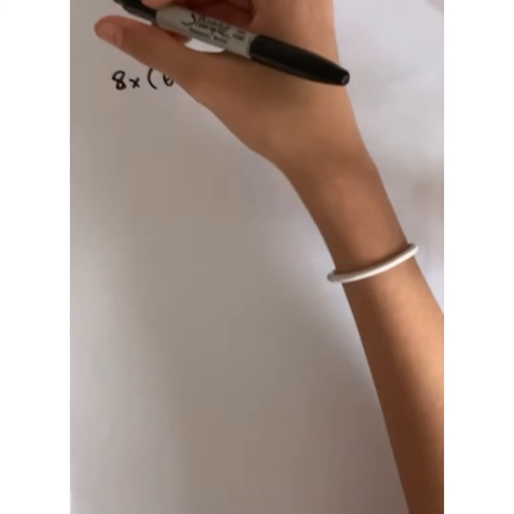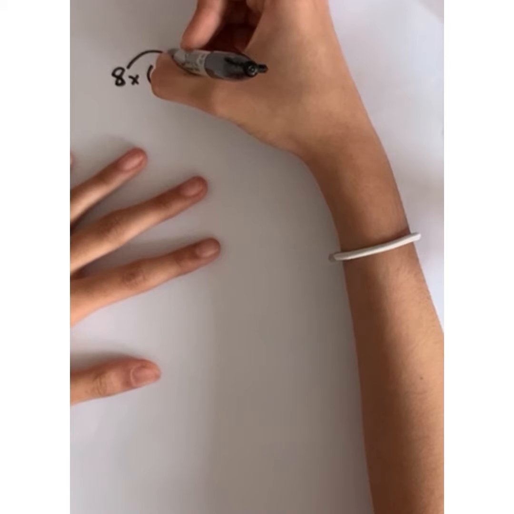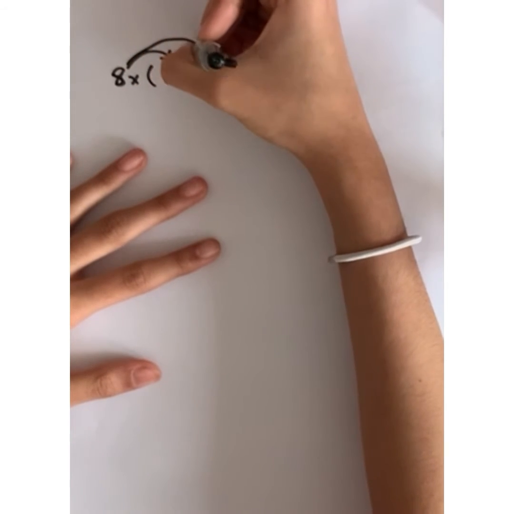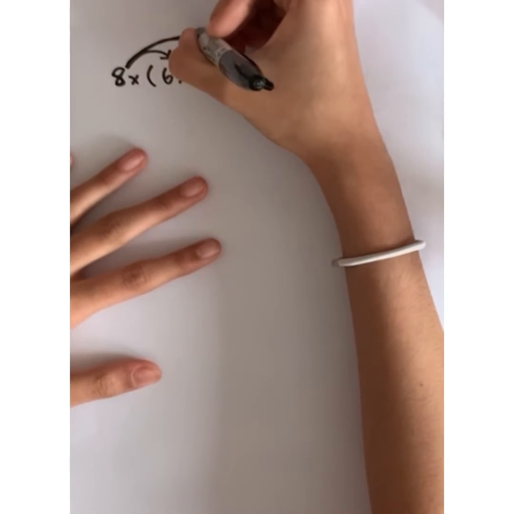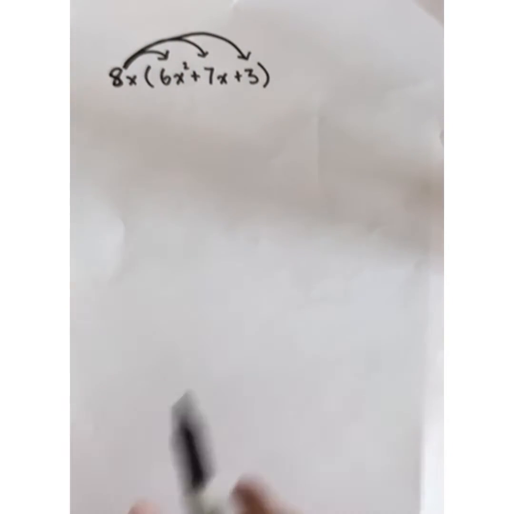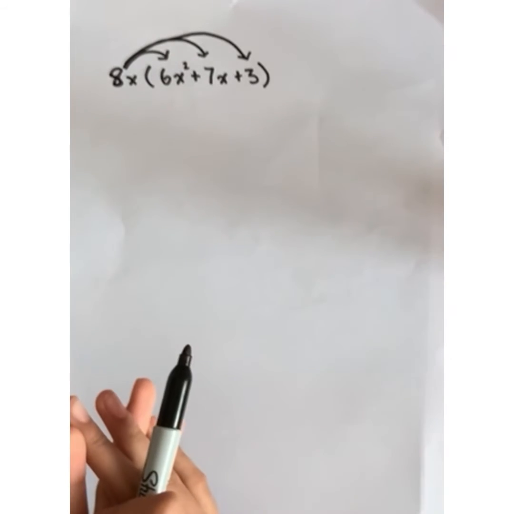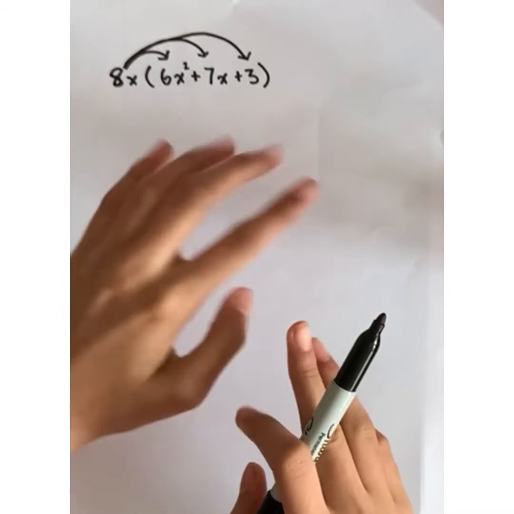It's literally the same concept if you use distributive property. Whenever you're using distributive property, you're multiplying something by parentheses. The main thing you need to be worried about is that you're multiplying everything by everything.